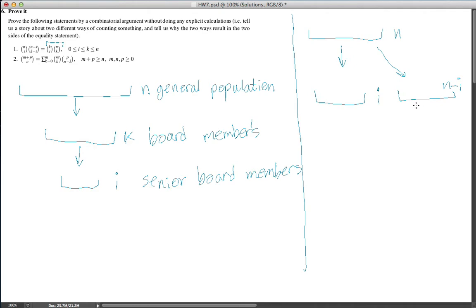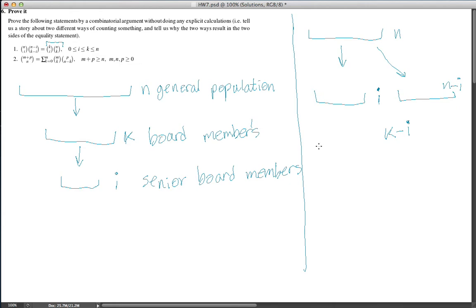How many board members are there left to select from the general population? Well, we have already chosen i of them, right? So there are k minus i board members left to pick. So there are n minus i choose k minus i ways to select the board members out of the remaining population, and then we're basically going to be done.